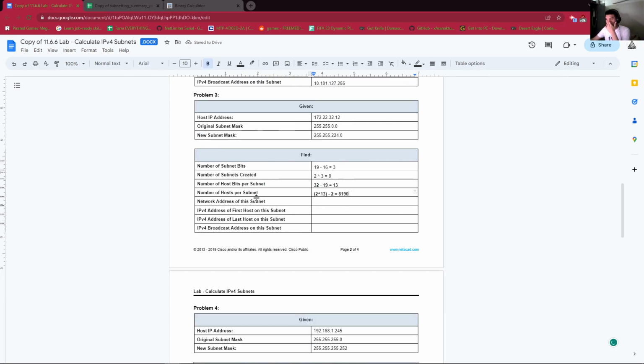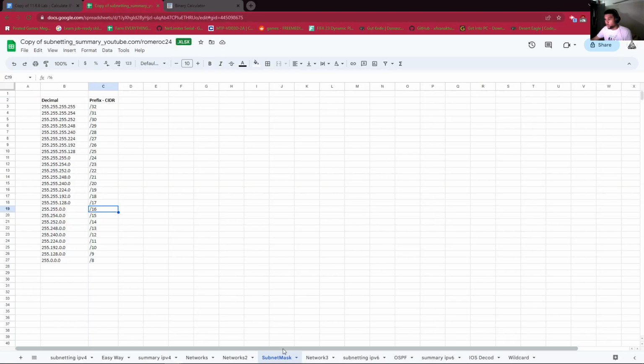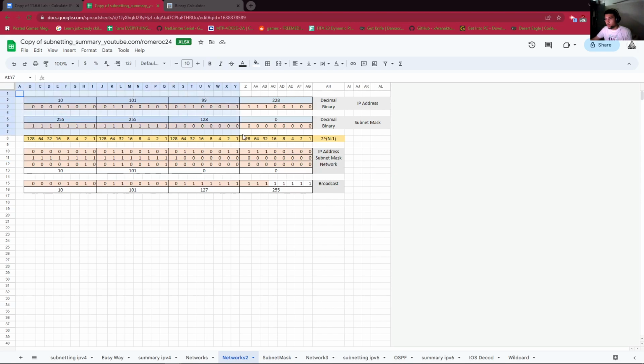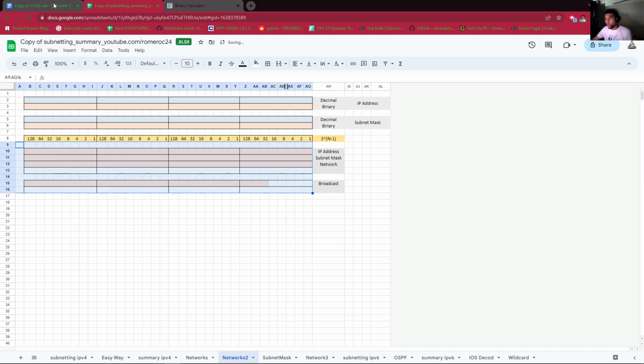So for the network address of the subnet, again we go to this, clear the spot, and put the IP address right here.